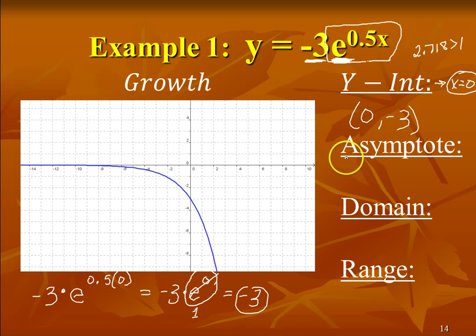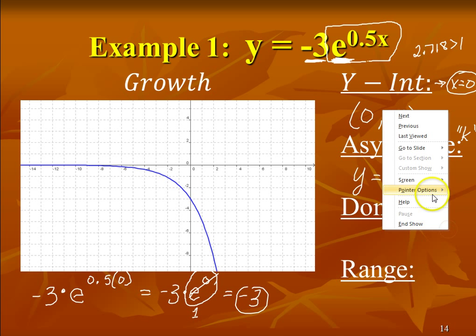So my intercept is 0, negative 3. And if we were to reference that with our graph, look over here on our graph, it crosses right through negative 3. Now our asymptote. Remember our asymptote was that k in our equation. And when I look up here in my equation, there's no k. There's no plus or minus out here on the outside. So since there is no k, remember our asymptote is y equals 0.